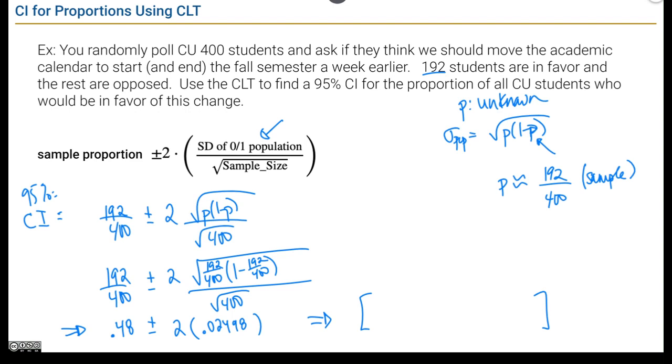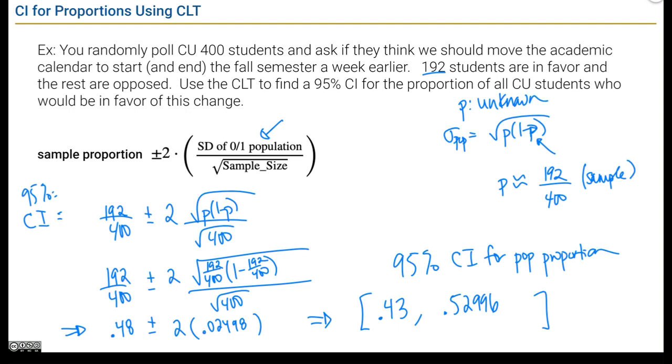So when I subtract that and add it, I'm getting 0.43 approximately as my lower bound and 0.52996, so basically 0.53 as my upper bound. And this is my 95% confidence interval for the population proportion that's in favor of this change.